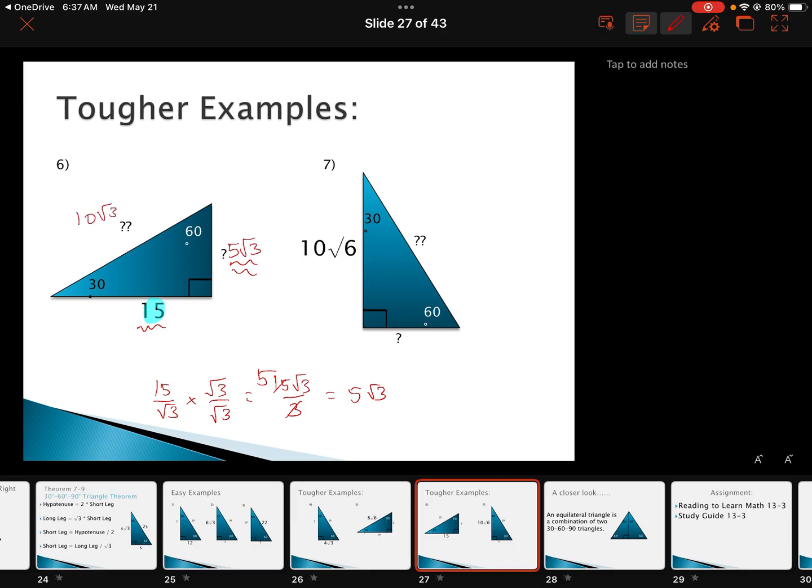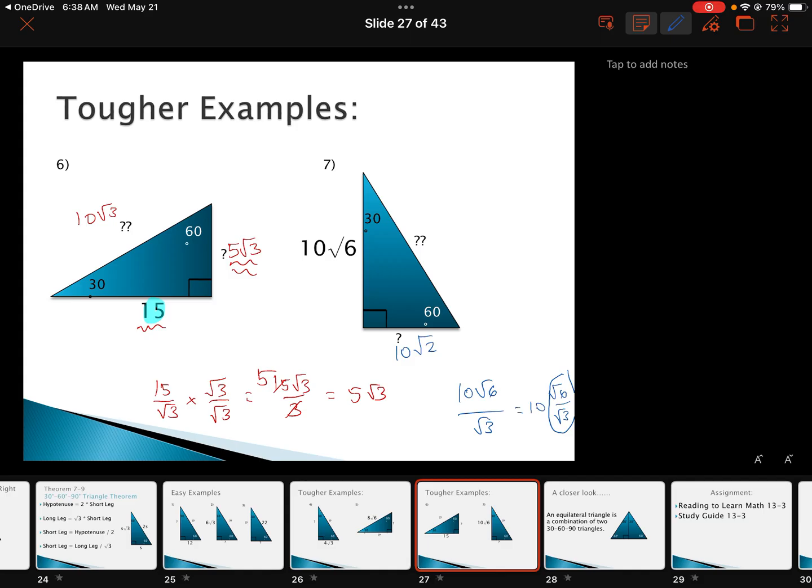Number 7. You have the long leg, it's 10 square roots of 6. The short leg is going to be that number, 10 square roots of 6, divided by the square root of 3. Don't make this overly complicated. You can rewrite it like this if it helps you. So your short leg is going to be 10 times, what's the square root of 6 divided by square root of 3?